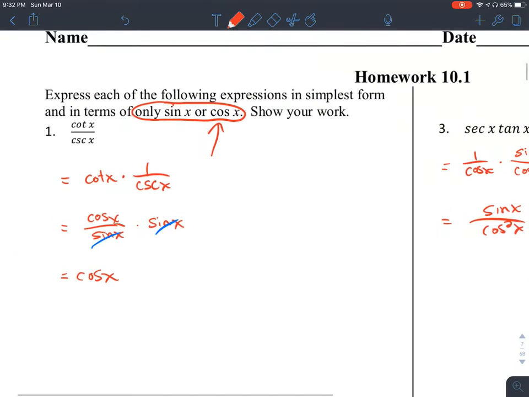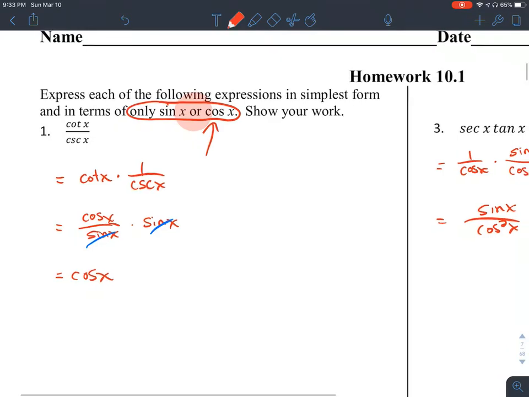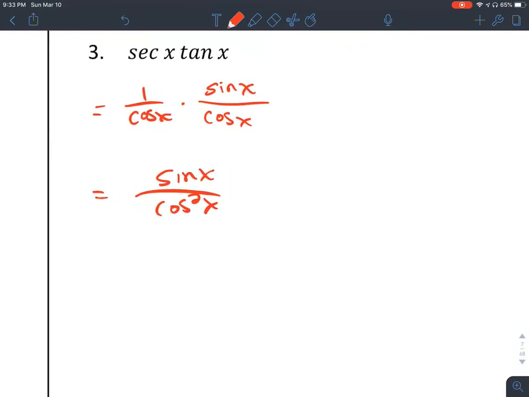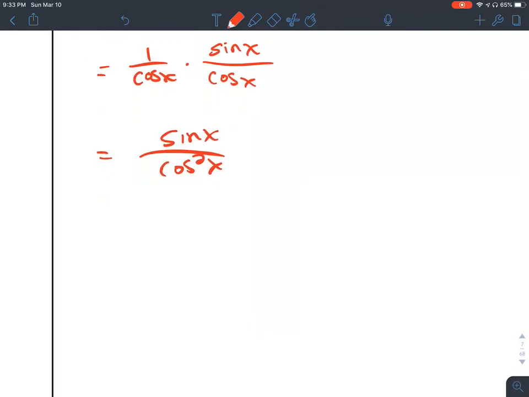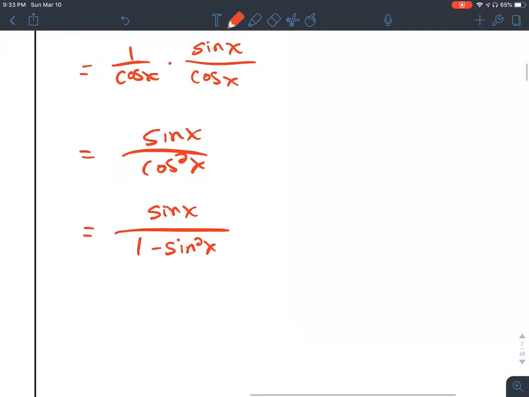The directions say we need to get in terms of sine or cosine, which means our answer has to just have sines in it or just cosines. So this is not finished because this has some cosines in the problem. I hope you recall that cosine squared of x is the same as 1 minus sine squared of x.